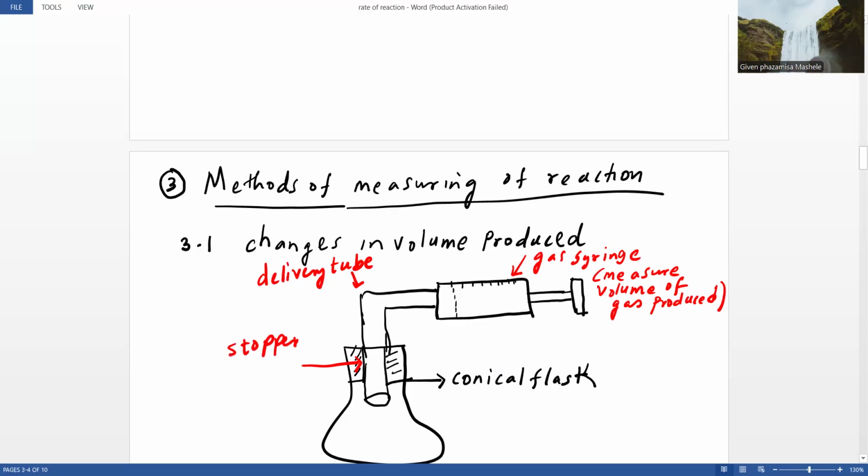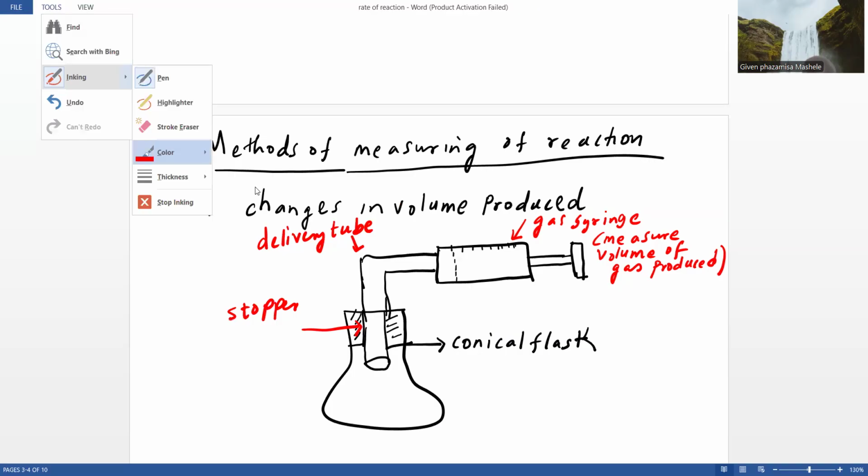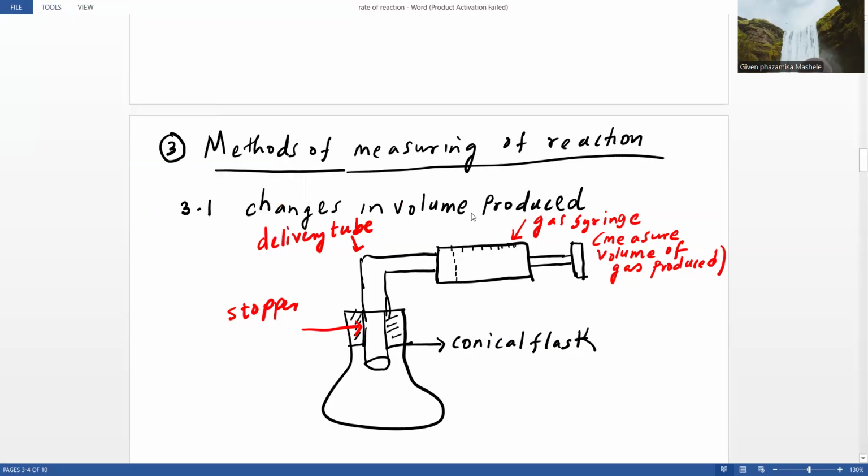Now, remember, wherever we use a gas syringe, it shows that the method we are using here to measure the rate of reaction is changes in volume of gas produced.